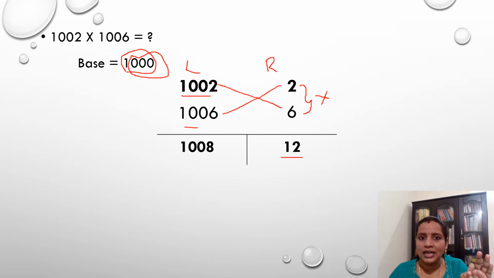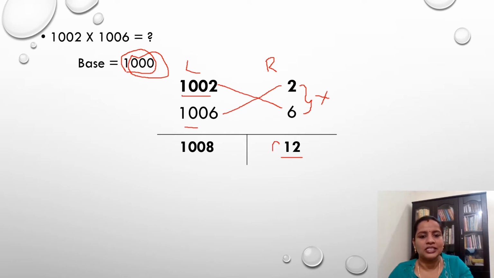In my RHS, I'm having just 2 digits. So I have to change this to a 3-digit number. For that, I just add a 0 before the number.